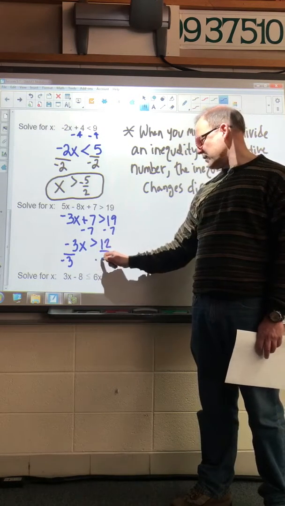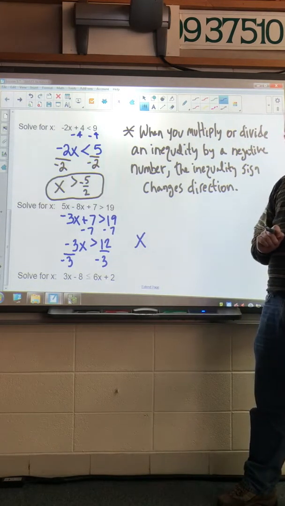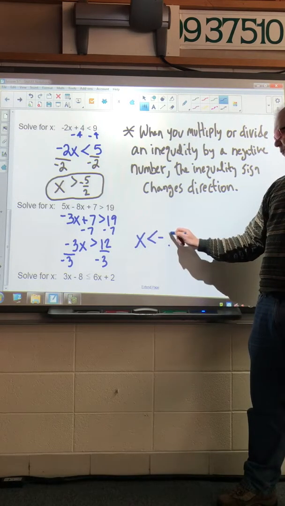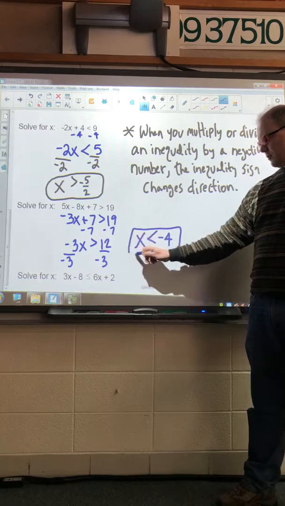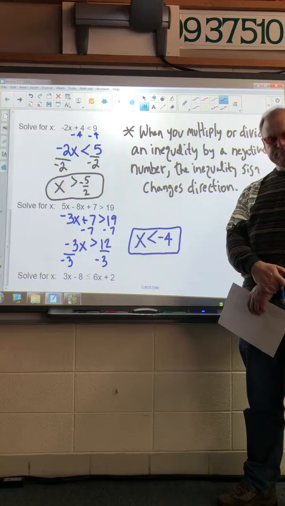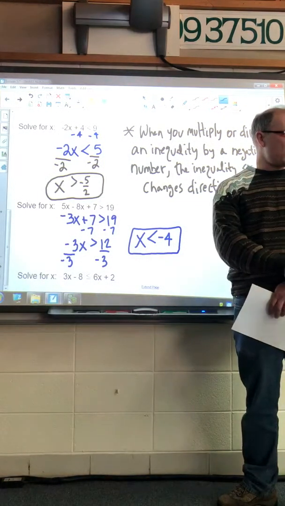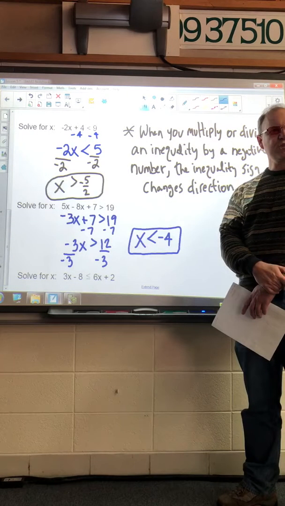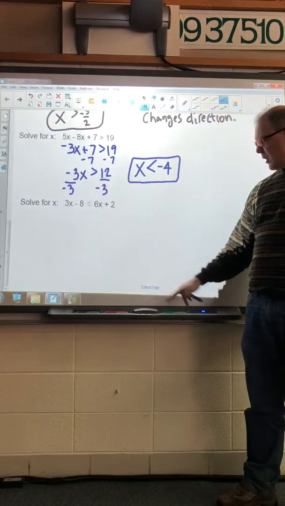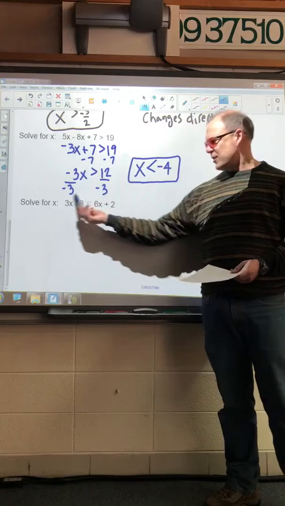Dividing by a negative number. So it's going to be x is less than negative 4. If you have any questions on that, we can hit pause and have a little class discussion to clarify anything. Otherwise, why don't you take a minute, hit pause, and try this last one.